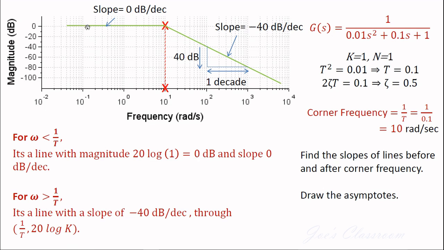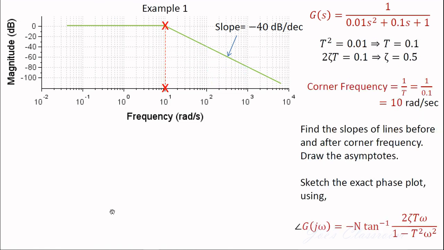So it is going to result in a straight line at 0 decibels. And beyond 1 by t, or beyond the corner frequency, it is going to have a minus 40 n decibels per decade. Here n is equal to 1, and therefore the slope is going to be minus 40 decibels per decade. And of course, this has to pass through 1 by t, 20 log k. So you got two asymptotes drawn here with the help of these facts.